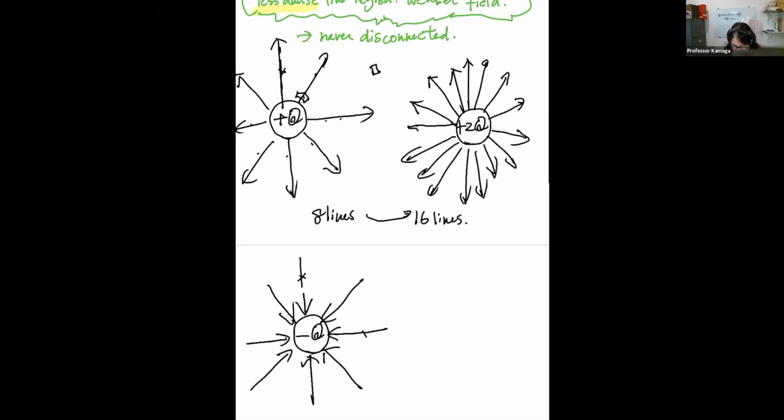Because if you bring the little test charge, the force is going to be this way. You draw all these lines as if you bring that little test charge and see which direction it's going to be pulled in, radially.